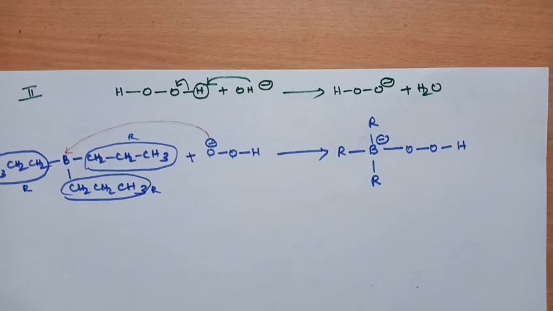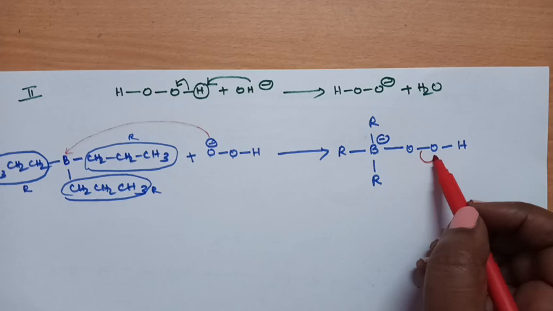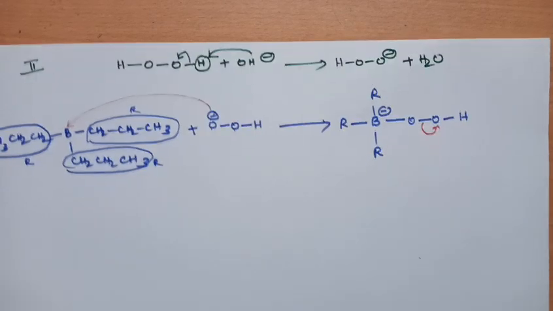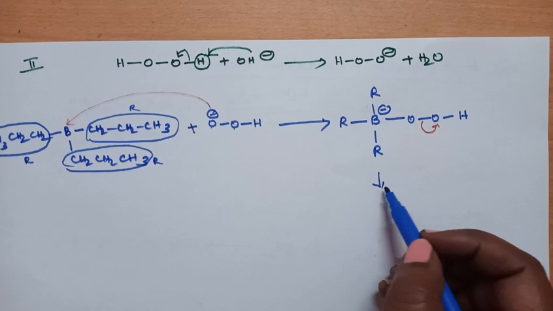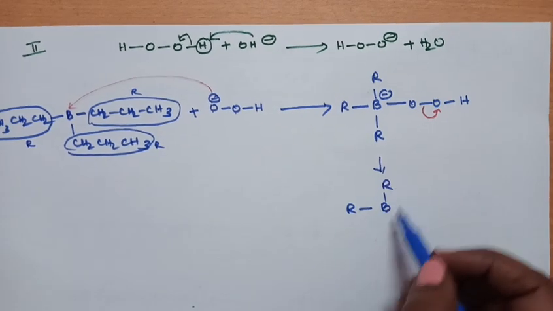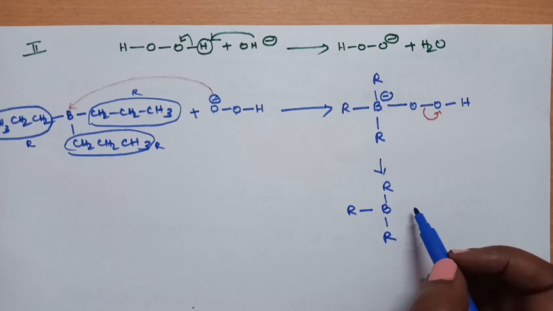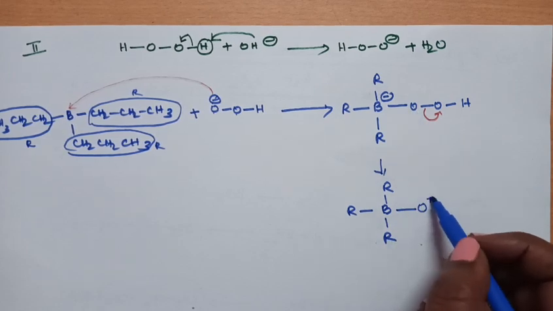Now OH is a good leaving group, so OH goes taking these electrons. As a result, what you will get is R, B, R, and here oxygen will be getting a positive sign now.